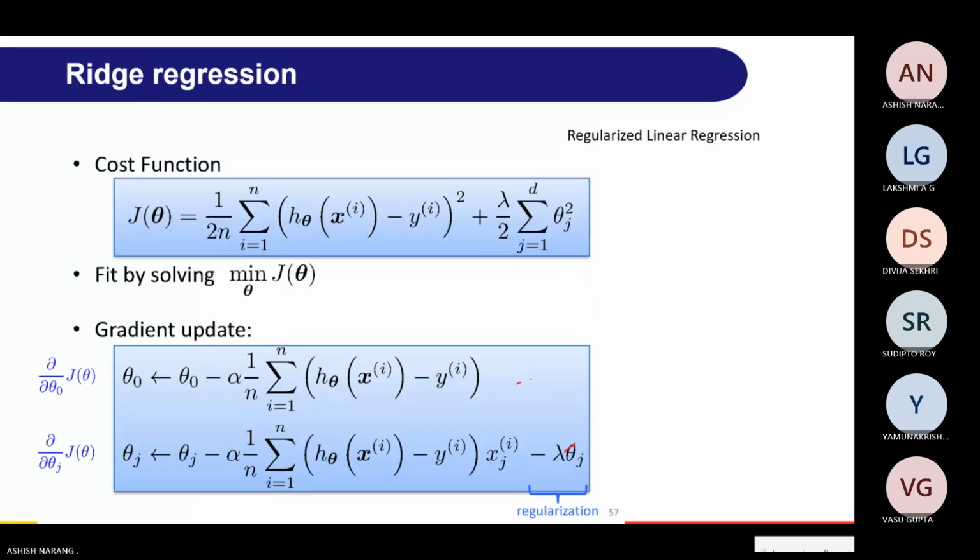These terms we have already covered, so we're just reducing this right now. Lambda by 2 is 1 by 2 and all those things, so you can take that out. And then this is what you are left with, the gradient update. Initially the gradient update was this only, but with the addition of this, the gradient update becomes this. So this is the regularization parameter that you have added.